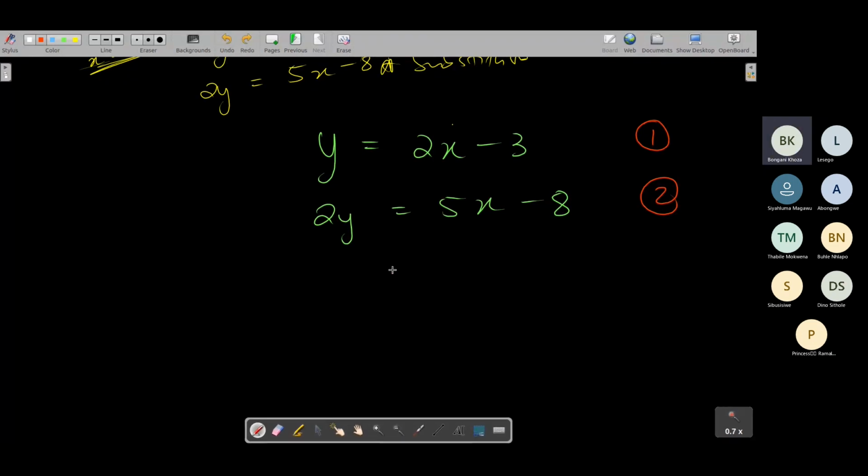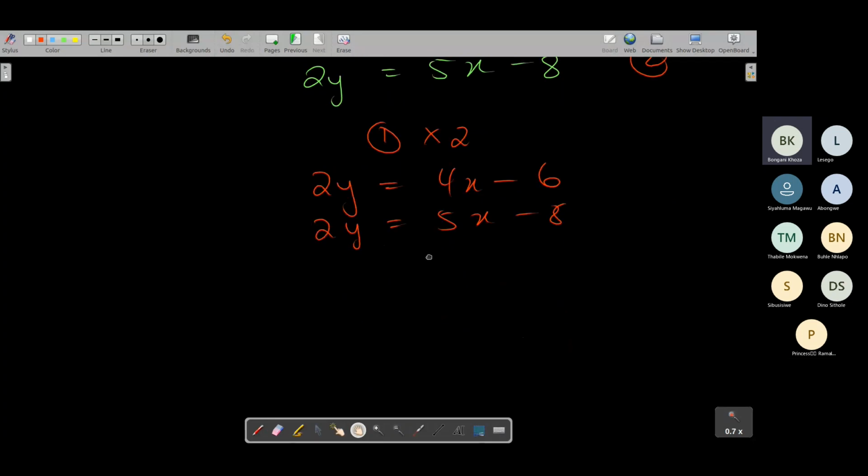Equation 1 multiplied by 2 gives 2y equals 4x minus 6. And equation 2 is 2y equals 5x minus 8. These are the new equations that we're dealing with when you multiply the whole equation.